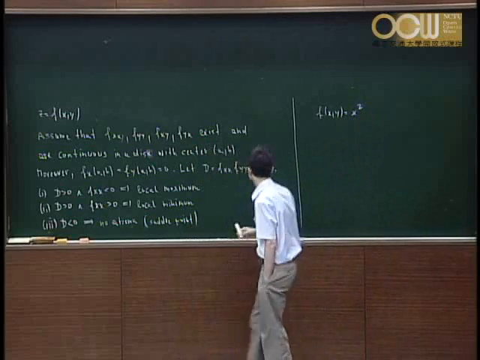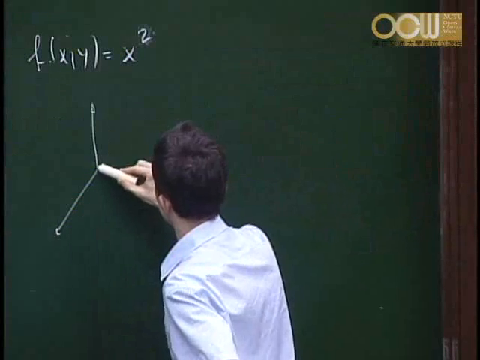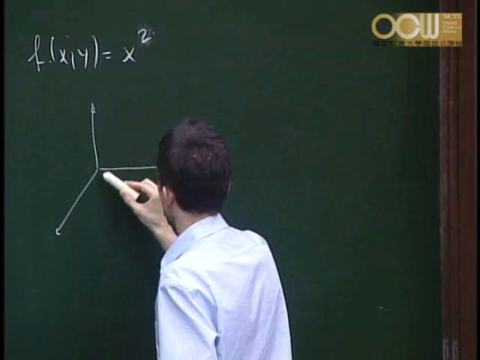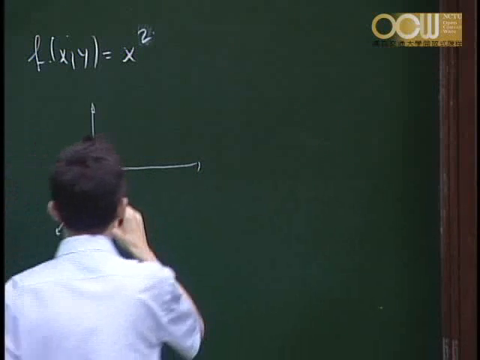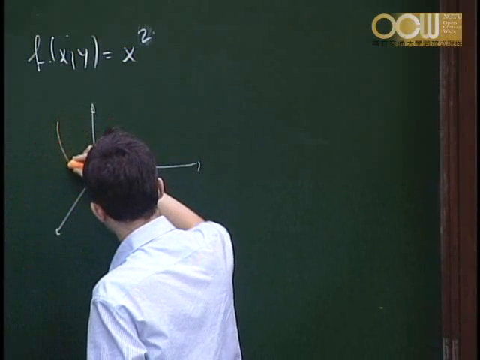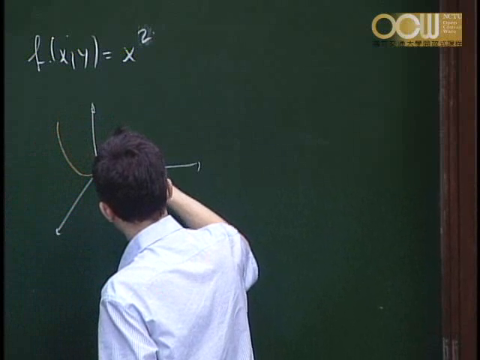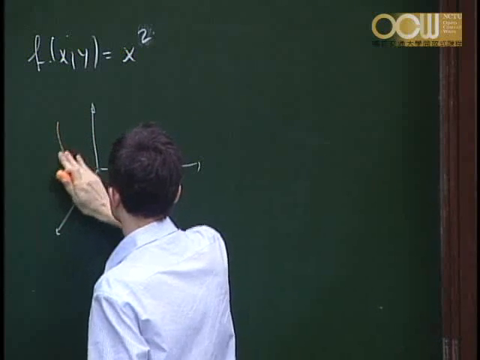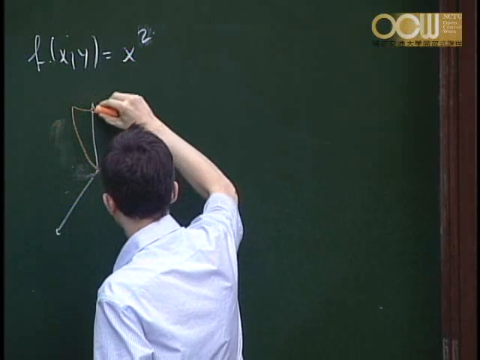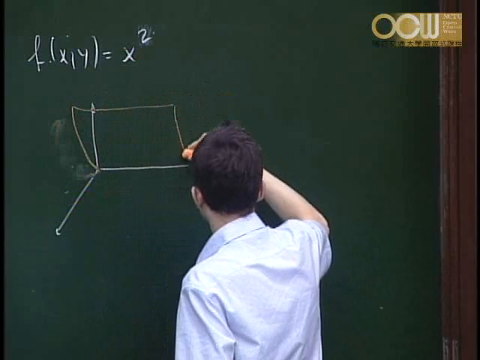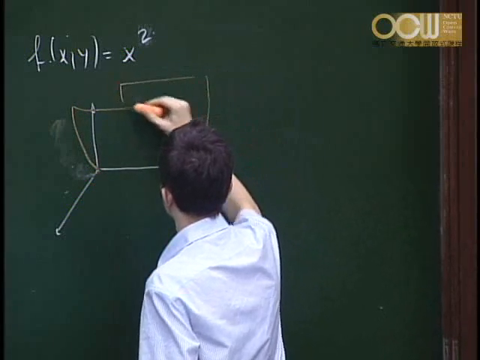This function is a cylinder, so the graph is a cylinder. The graph looks roughly like this here.